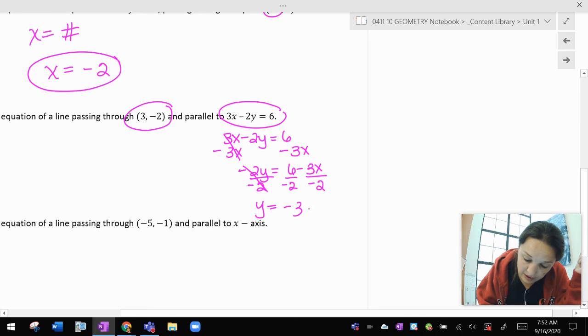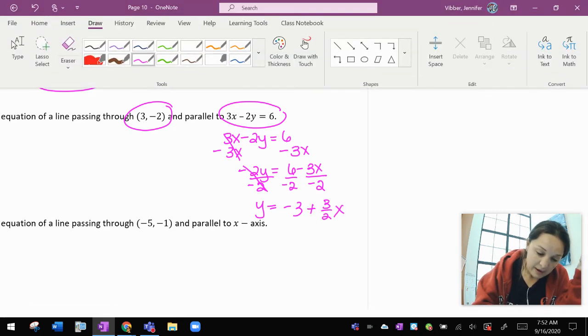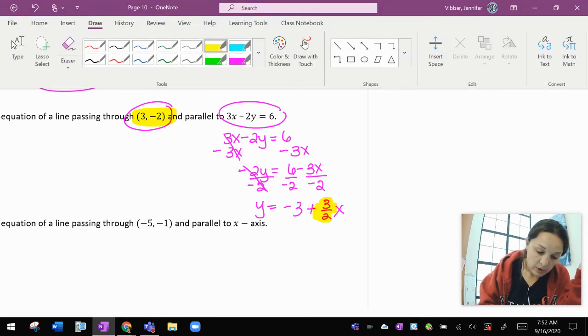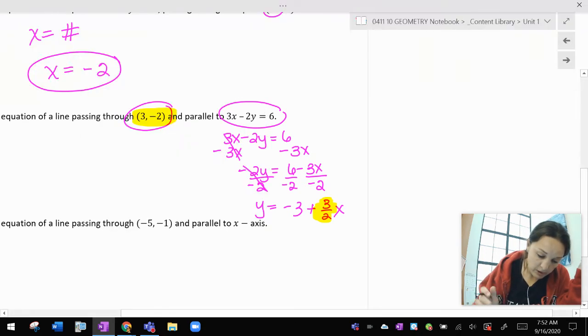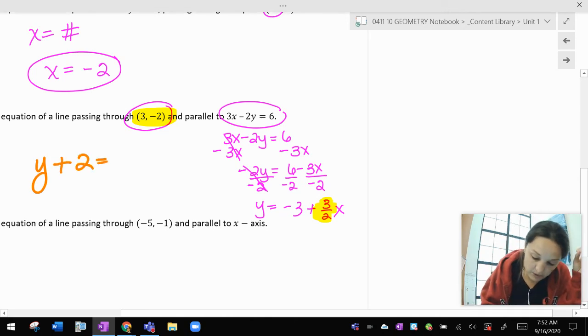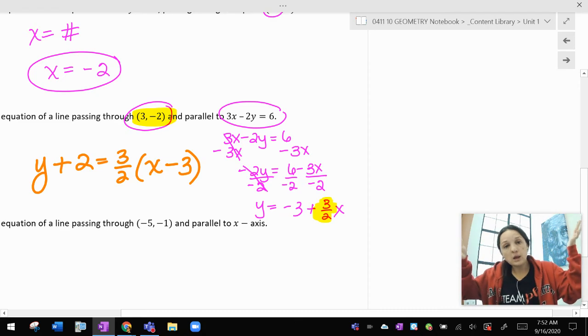Negative 3 divided by negative 2 is positive 3/2. Now I know my slope. My slope is 3/2. And I'm passing through (3, -2). So my equation is going to be y minus y1, which is going to be y plus 2, equals m(x minus x1). Ta-da!